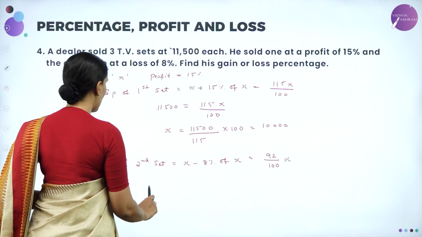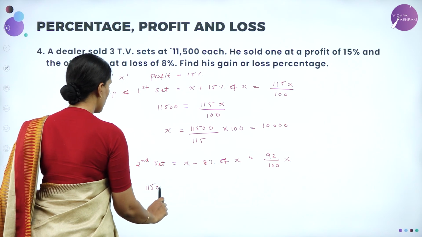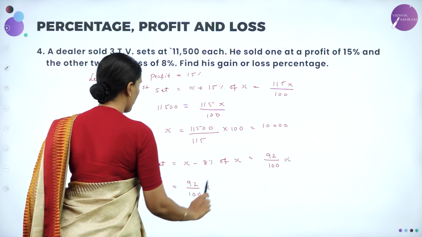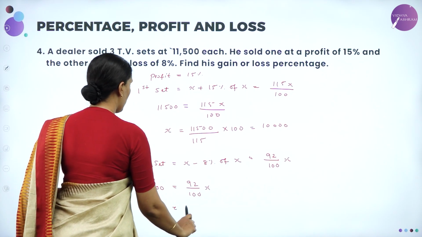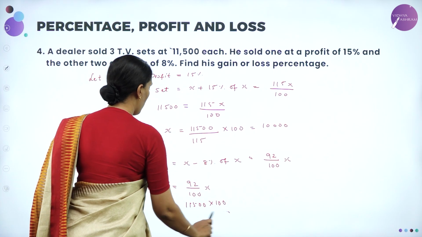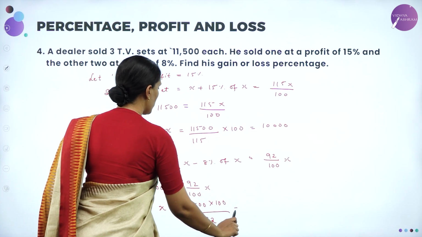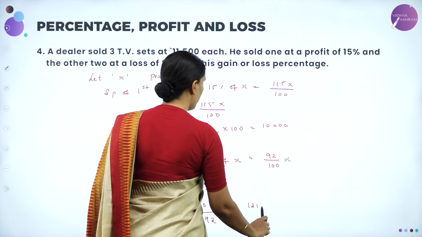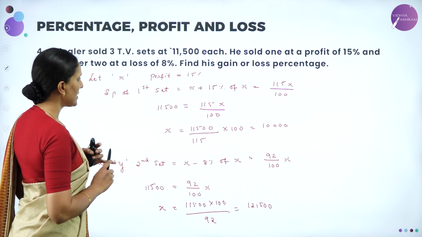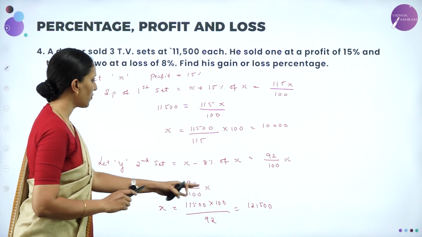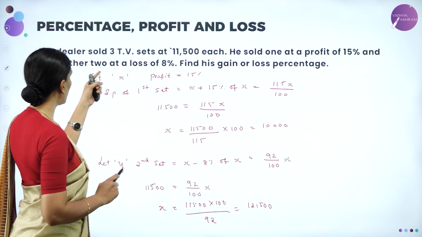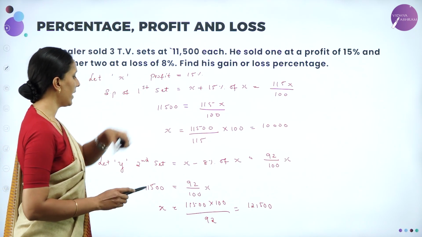And here also the selling price is the same, that is 11,500 is equal to 92 by 100 y. So therefore y is equal to 11,500 into 100 whole divided by 92, which is equal to 12,500.